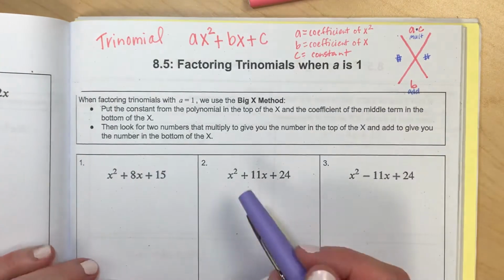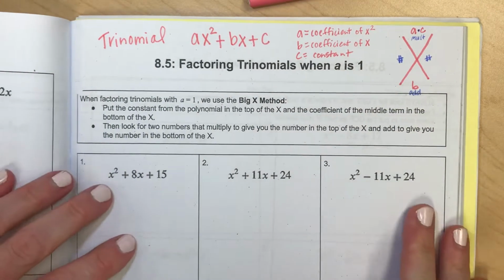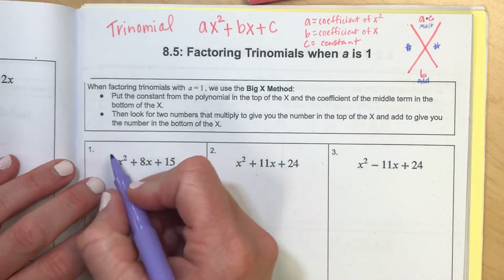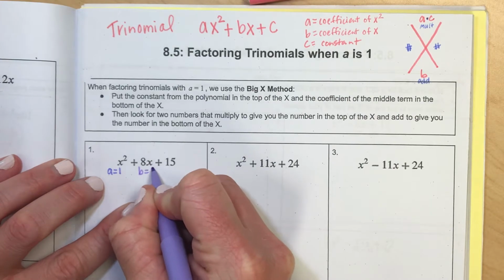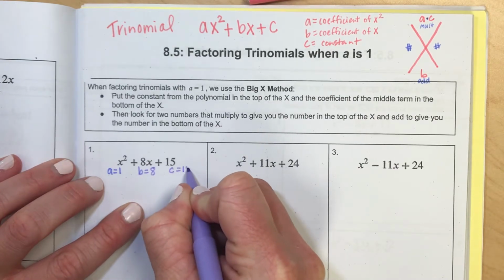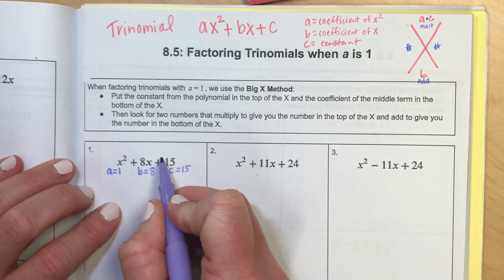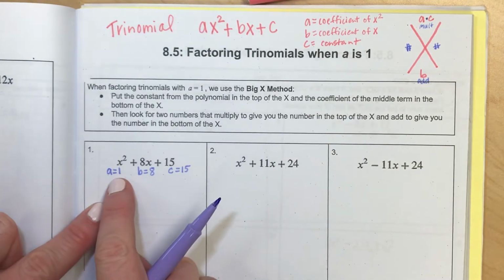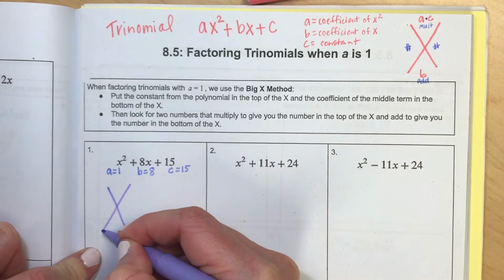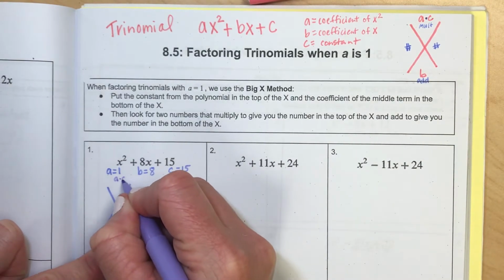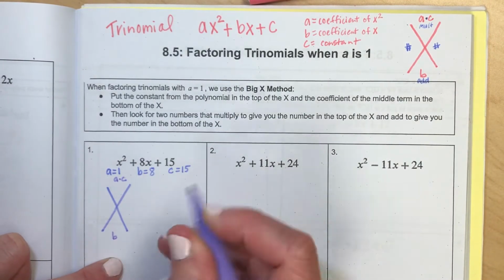And so here's what our a, b, and c are going to be for my first trinomial. So my a is 1, my b is 8, and my c is 15. So this is ax squared plus bx plus c. So if you don't see a number out there, it's going to be 1. And here's what our Big X is going to look like. A times c at the top and b at the bottom.